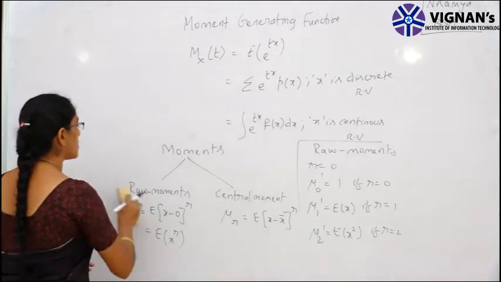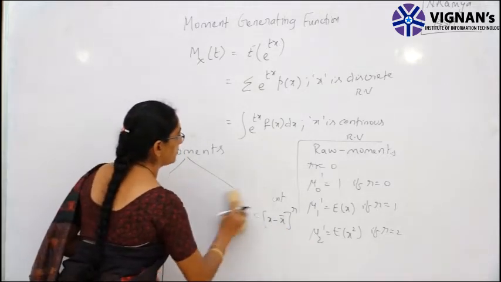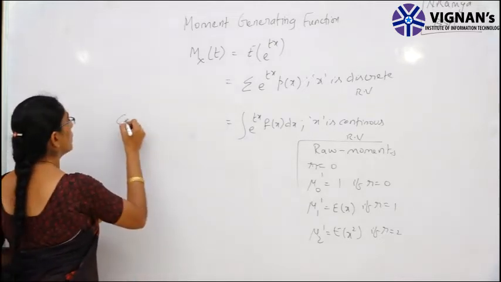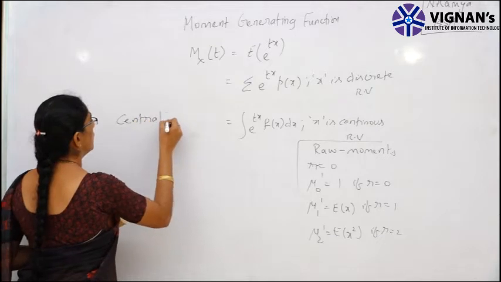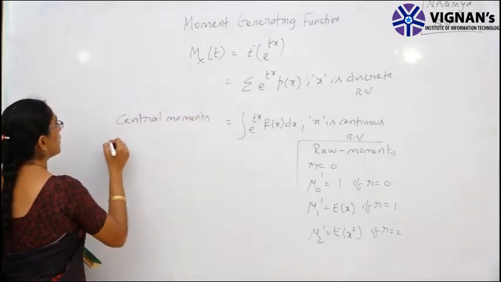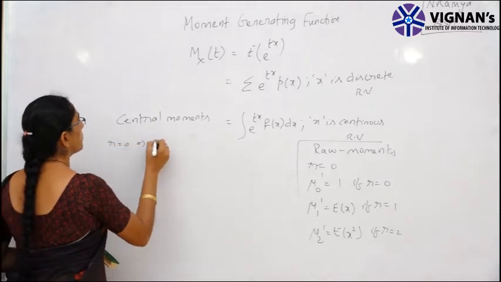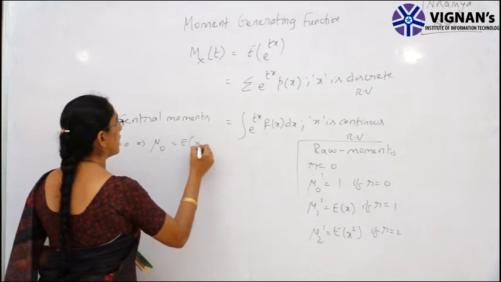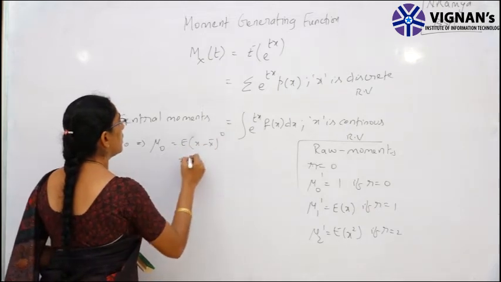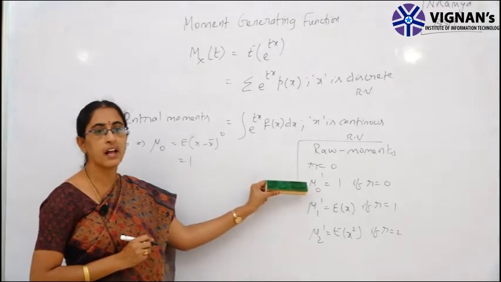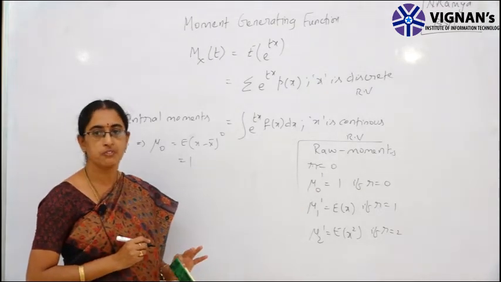If you consider the central moments, if r equal to 0, that means mu 0, expectation of (x minus x bar) whole power 0 is 1. The zeroth central moment and also the zeroth raw moment are always equal to 1.